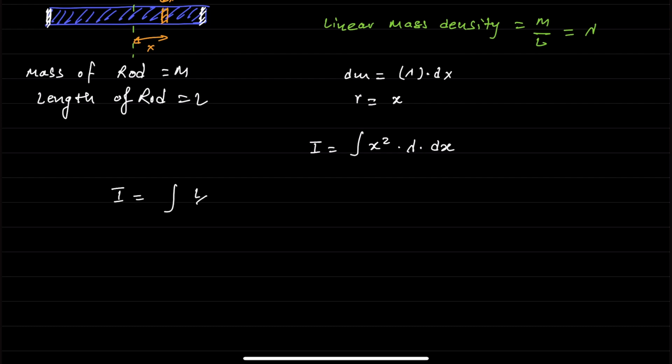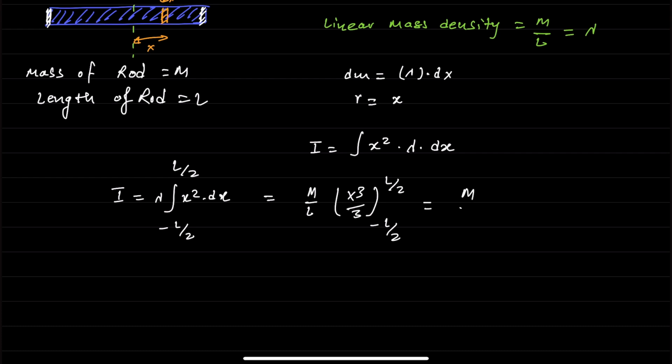So lambda, let's take it out of the integration, x square dx, and the limits are from minus L by 2 to L by 2. Integration of x square is x cube divided by 3, and lambda, let's substitute it as m by L. Now let's substitute the limits.